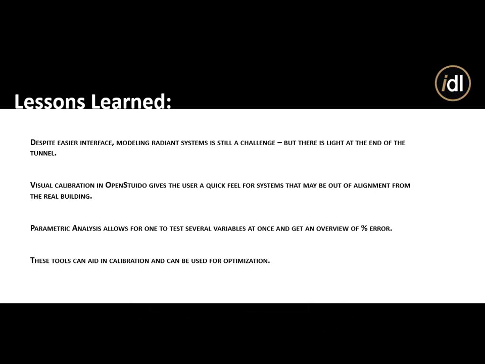And one of the options that I'm particularly excited about with my research is taking this into OpenStudio and then writing a measure that will change the thickness of the slab and then run a parametric analysis on it to look at the change in thermal lag and occupant comfort.